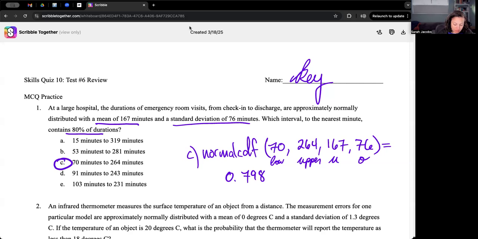Just for demo, I think this gives one of the boundaries. I think 231 is like at the 80th percentile. If we normal CDF that, and again, I'm going to do this in a different color. Once you have an answer that's this close, you're done.